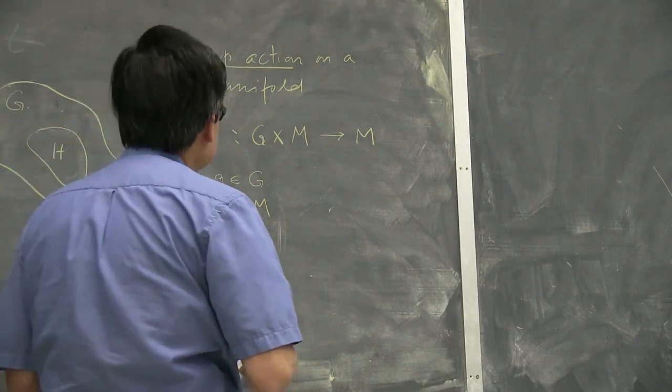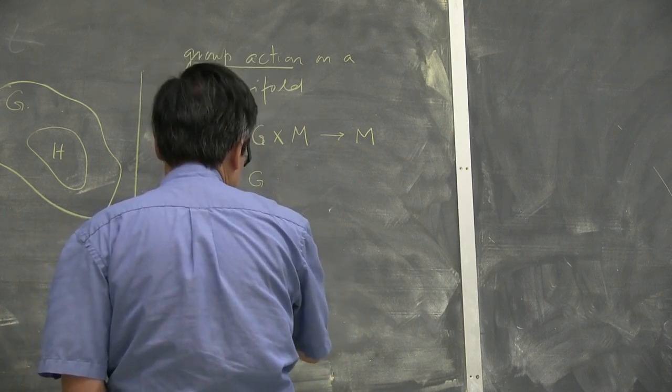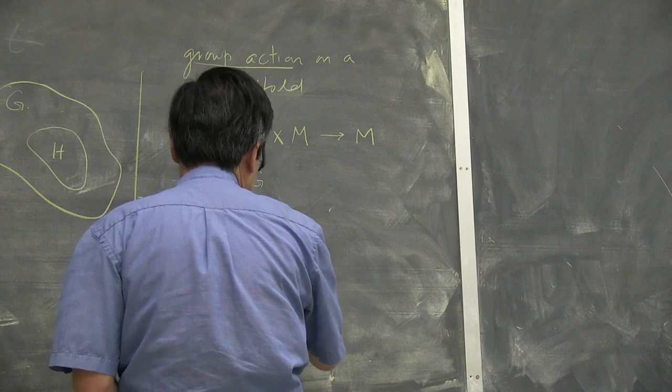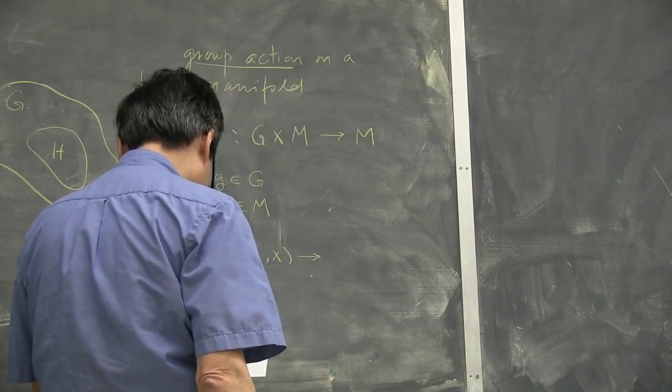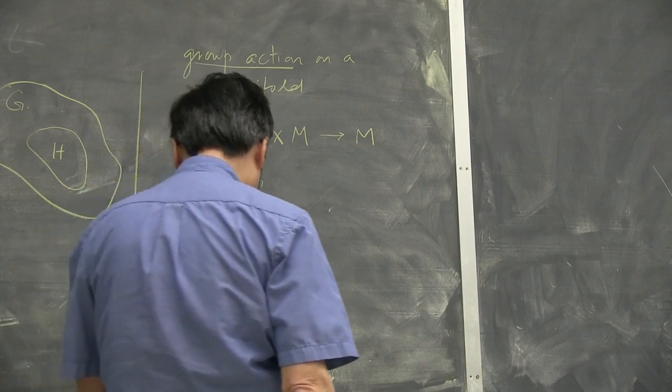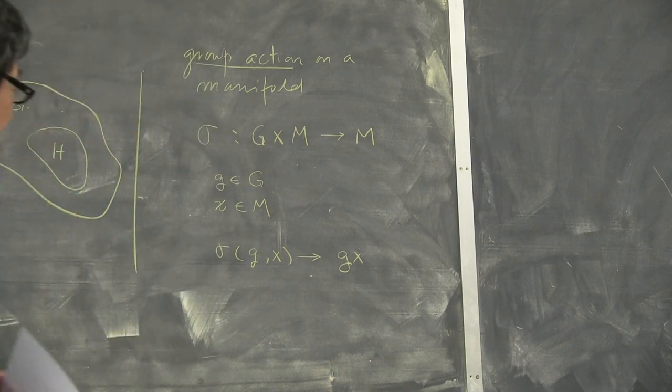Then the group action will map using G the point X to something else in X, okay? Which we are usually going to write as G acting on X, okay? It's very abstract like this.